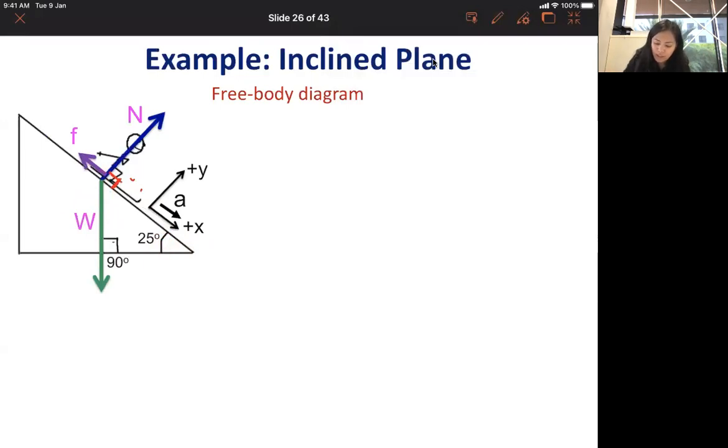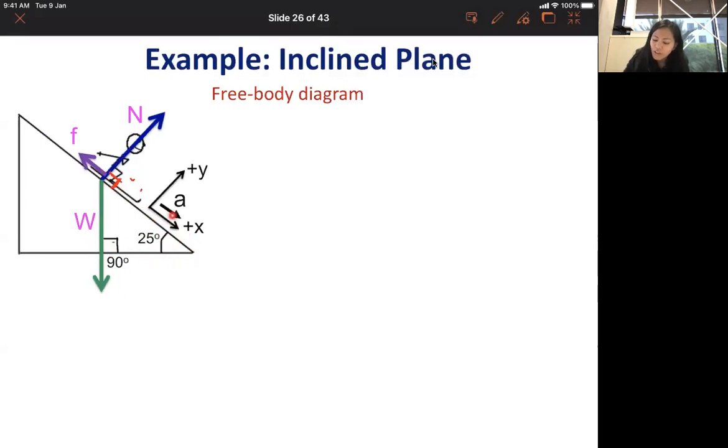This is 90 degrees. The angle between the weight force and the base of the slope is 90 degrees, so the weight force and the slope create this right-angled triangle. This is an important realization because it will allow us to simplify this angle.